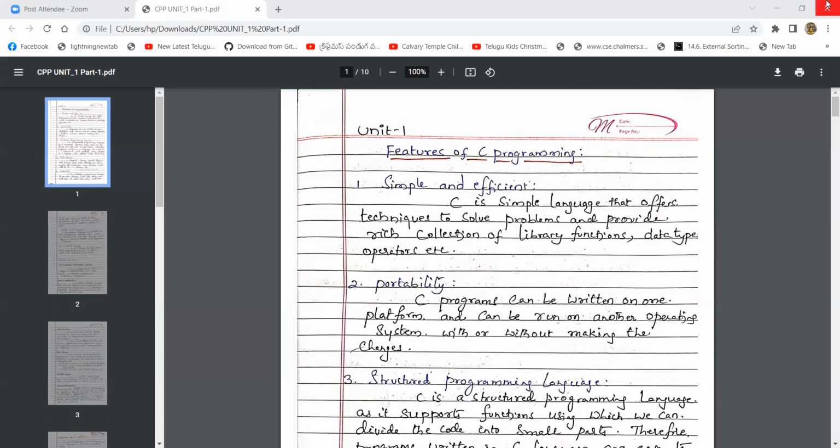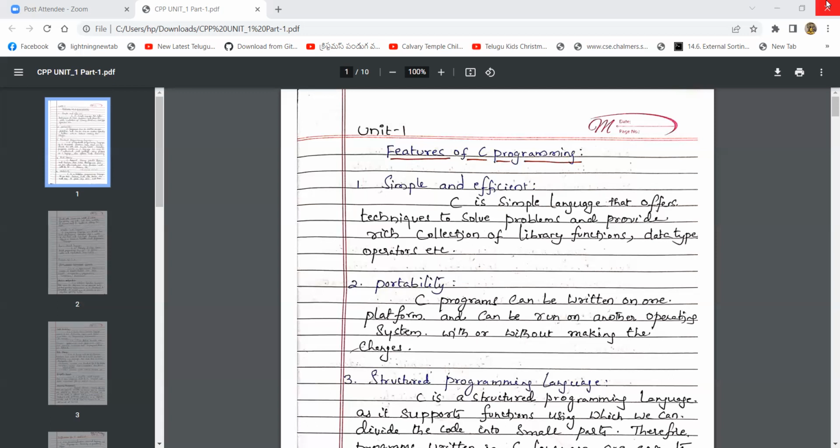So we'll start with the features of C programming. We have different features which make C so important even nowadays. We'll discuss each of them briefly. I'll start with the first feature, that is simple and efficient. C is a simple programming language which offers different techniques to solve problems, and it provides a rich collection of library functions, data types, and operators, already defined in the language.